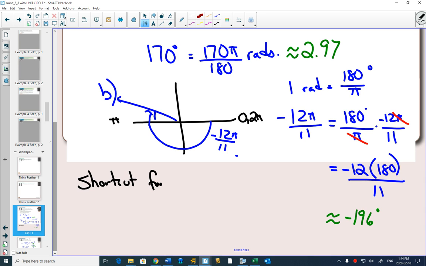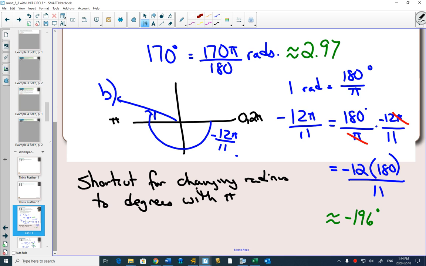Shortcut. What do you think the shortcut is for changing radians to degrees if there's a pi involved? In other words, right here, oh, I hit my highlighter again.